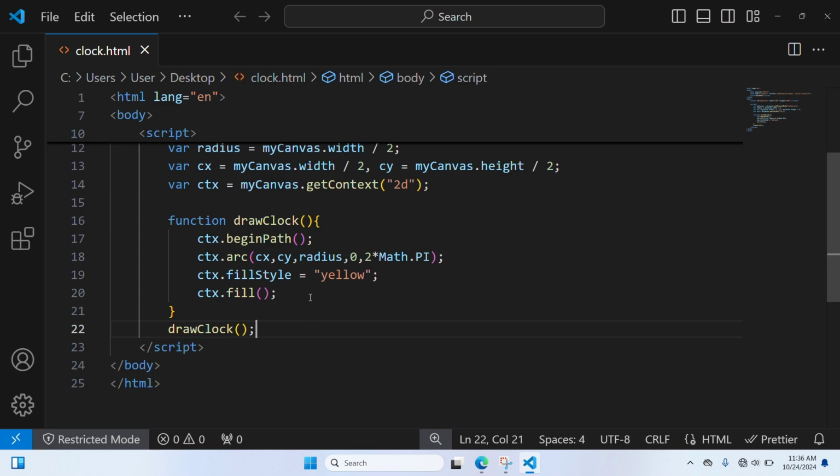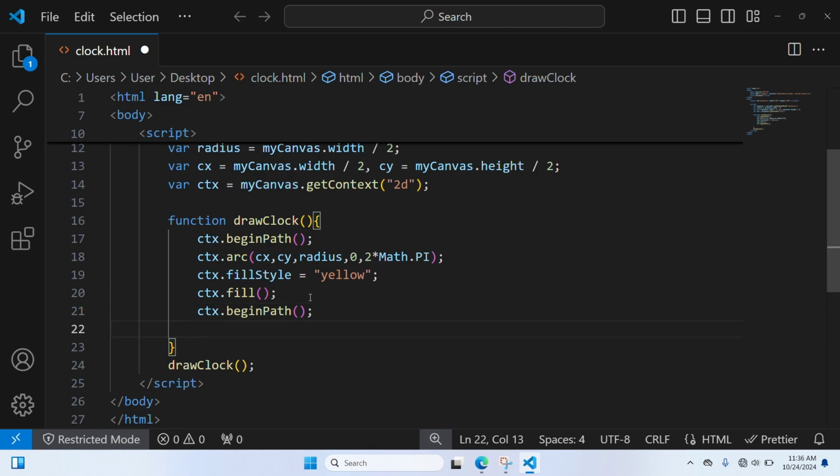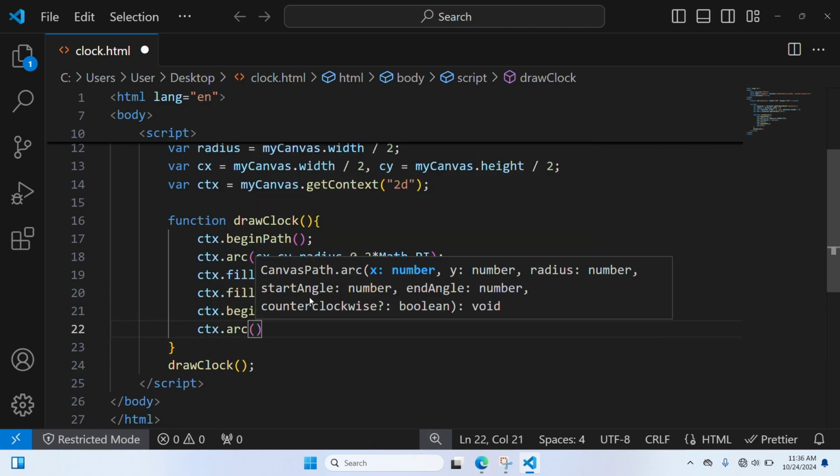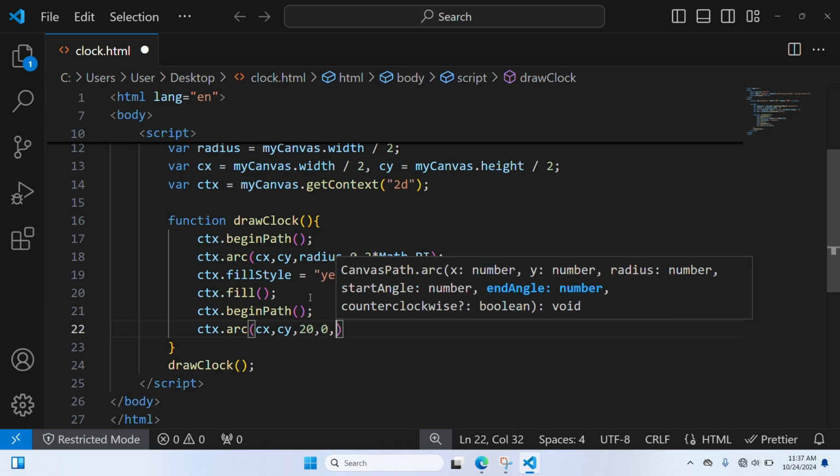Now at the center of the yellow circle, we are going to draw a small black circle. So let's draw ctx.beginPath, then ctx.arc. This time the center will be same, but the radius will be different, 20, and start angle 0, end angle 2 times pi.